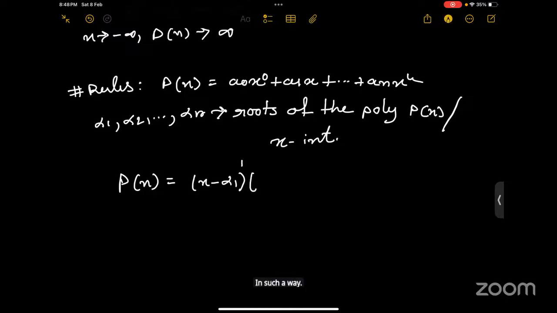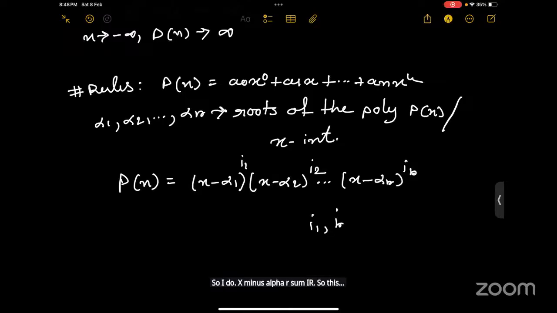p of x equals x minus alpha 1 to the power I1, x minus alpha 2 to the power I2, up to x minus alpha r to the power Ir. So these I1, I2, and so on are basically repetitions of the root, right?